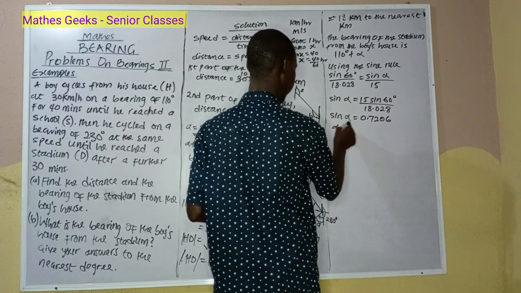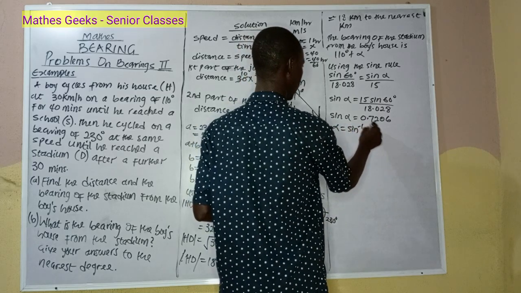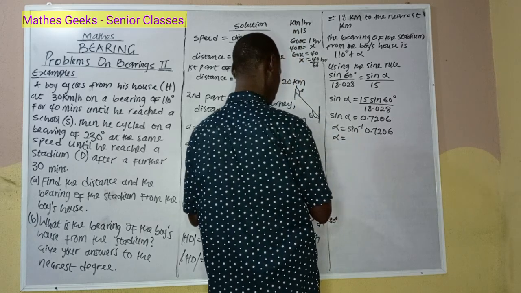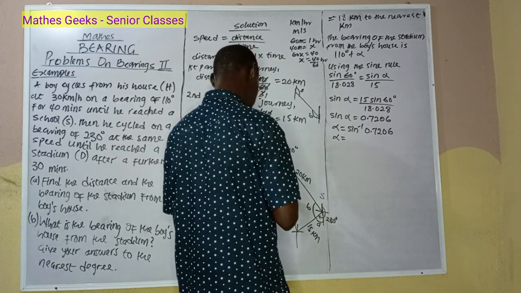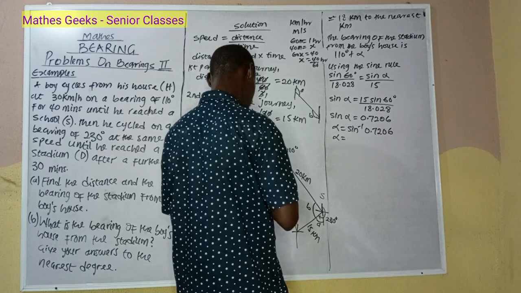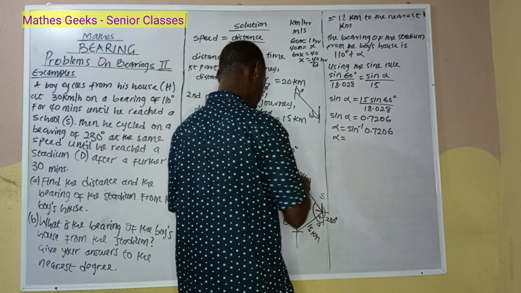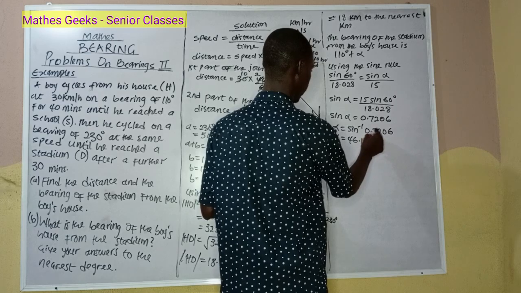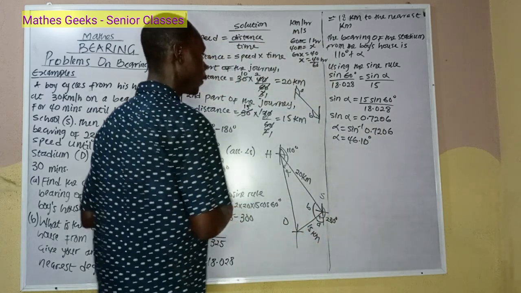So alpha is equal to arc sine 0.7206. Alpha is equal to 46.10 degrees. So that's for alpha.